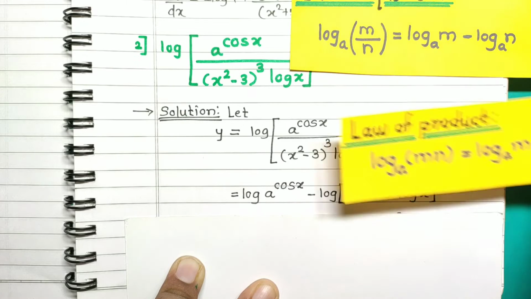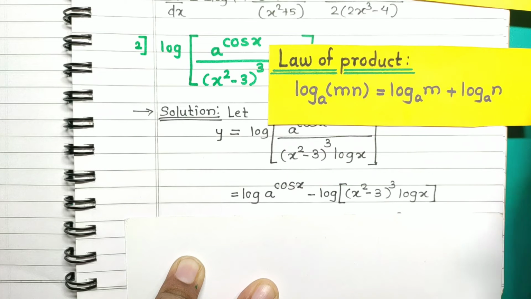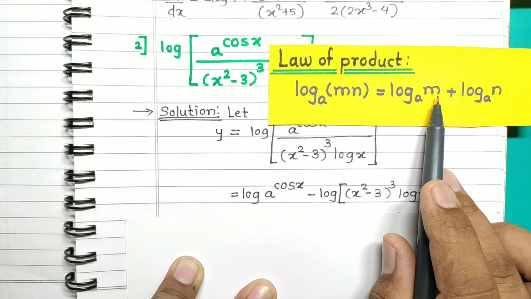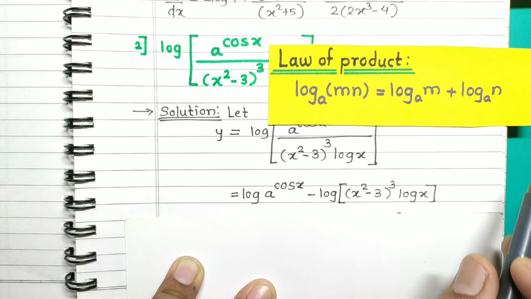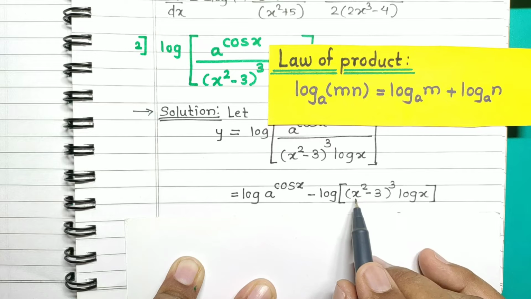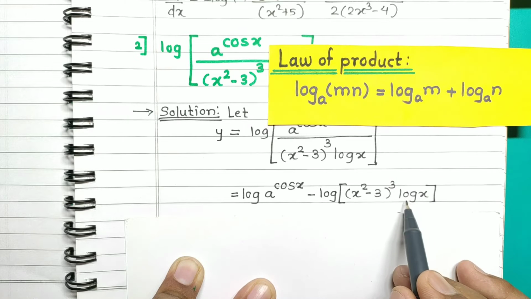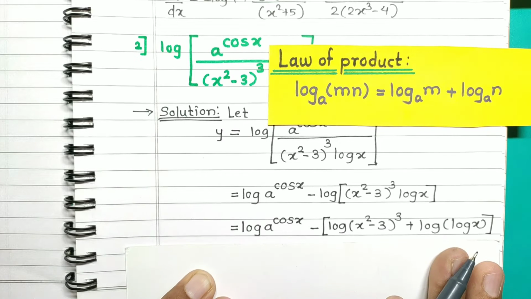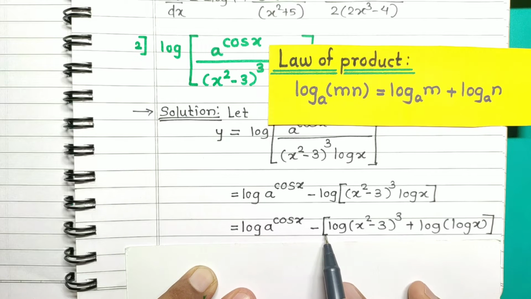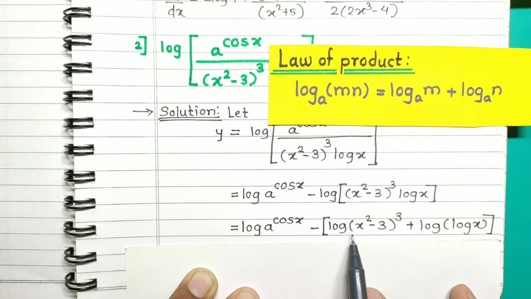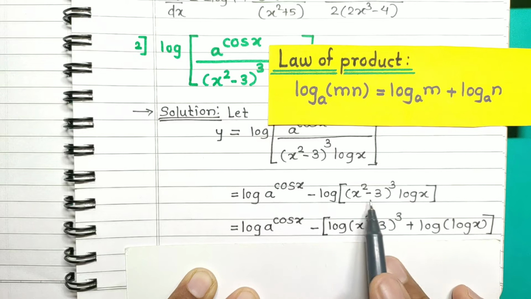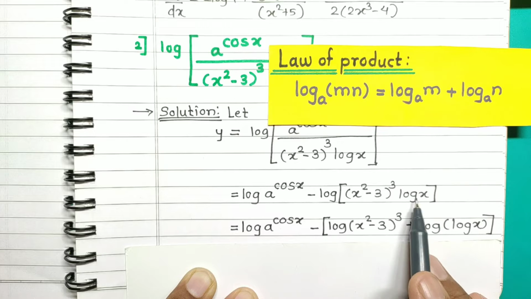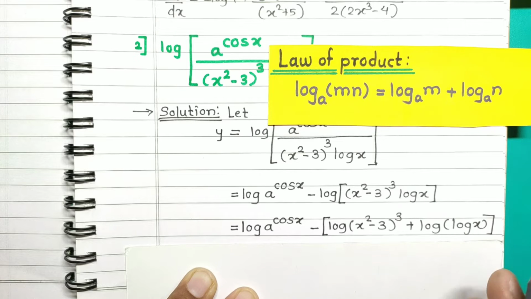What is the law of product? Log of mn is equal to log m plus log n. Here m is this bracket and n is log x. So write the first term as it is, log of a raised to cos x, minus log of the first term, x square minus 3 bracket cube, plus log of the second term, which is log x.